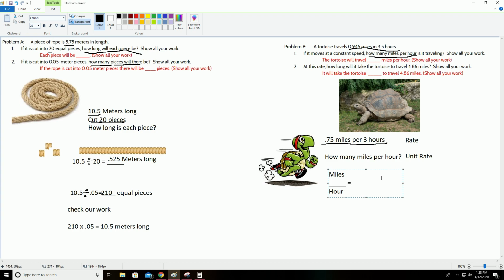So when we do that over here, how many miles did they go? This is how far they went. How many hours did they travel? 3. So it's basically like we're going to just divide this, because really, if you remember, a fraction is just saying divide the numerator by the denominator.